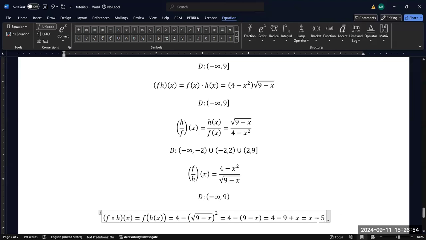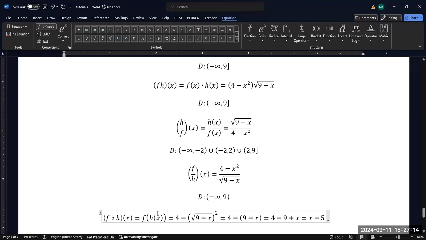Nonetheless, even though this is a linear equation in form, I still have to think about the domain being applied serially. So I can't stick a number into this function that I could not have stuck into either f or h.